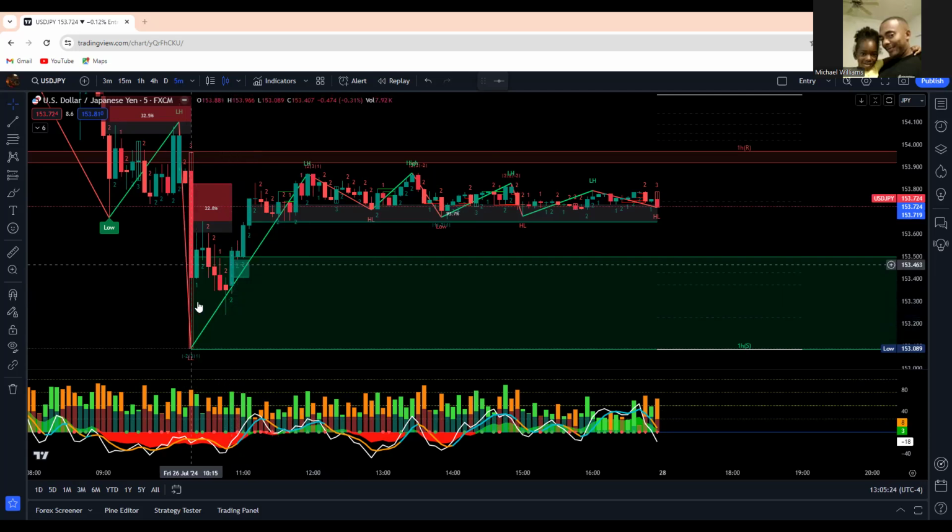Price creates the order block or the demand zone, comes out of it, and then comes back into the demand zone. We did get some closes outside of the demand zone, and then it came right back into it. So then we want to look at our opportunities to get on the buy for the directional move.